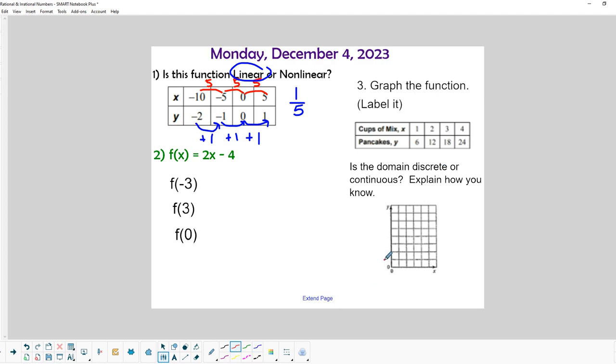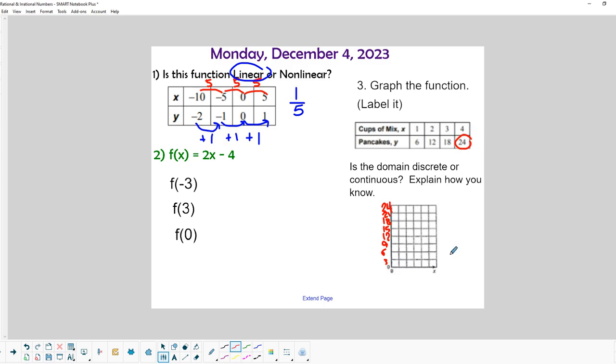So let's do that. 3, 6, 9, 12, 15, 18, 21, 24. So as you can see, I got to decide how the scale on my graph would go based on how many numbers I needed to come up with and how many boxes I had to work with.